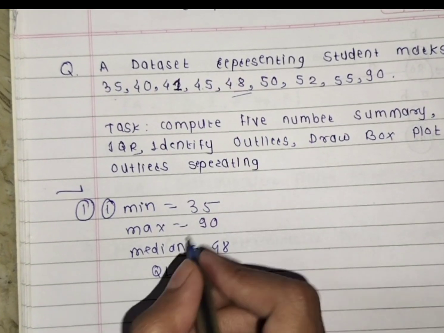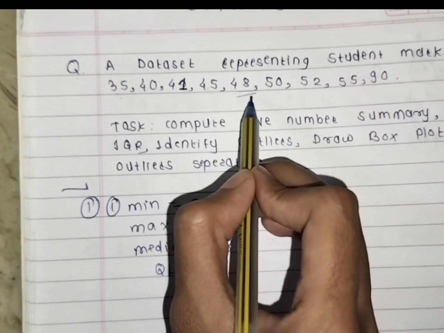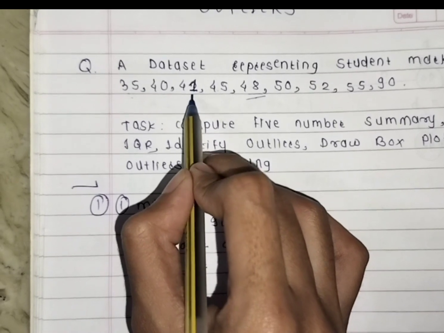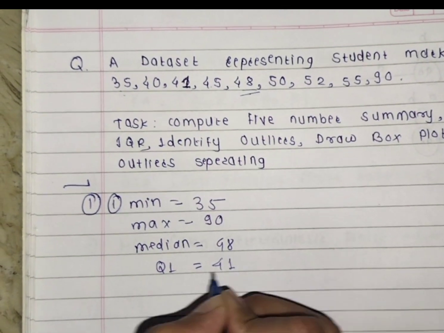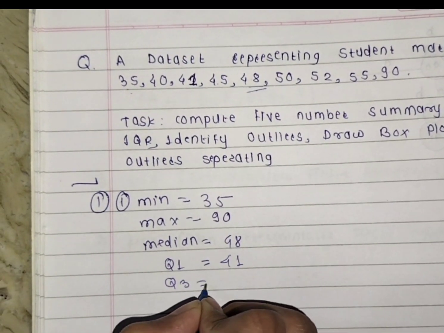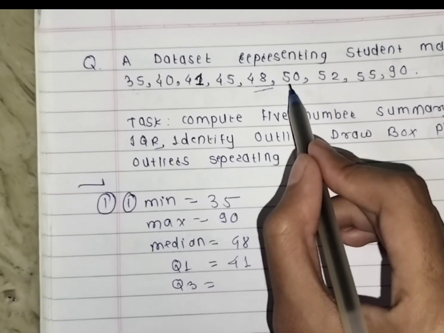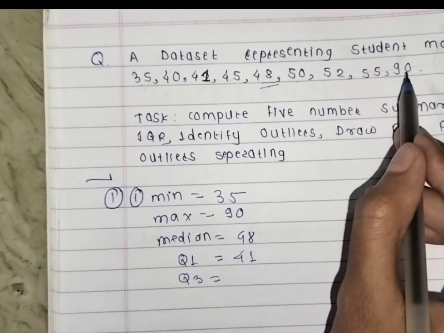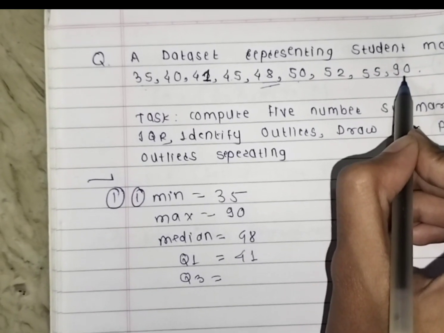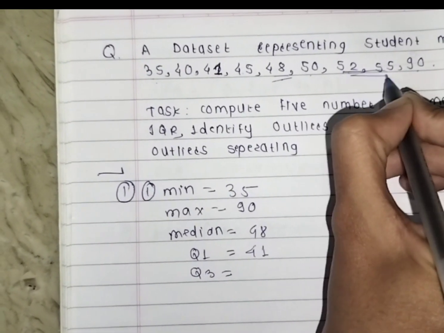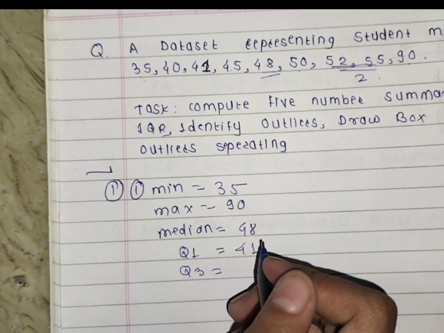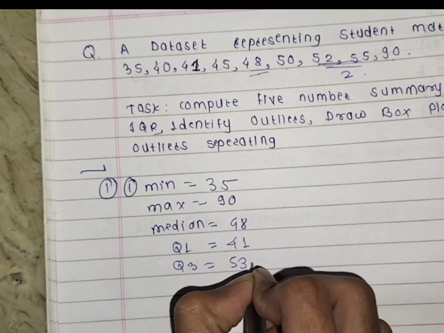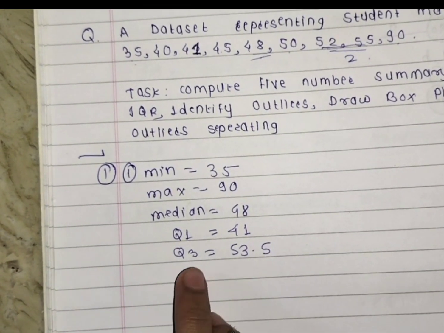We will find Q1 from 35 to the median, and from that we will find the middle. So we have the middle 41, so it will become our Q1. Now Q3 will be from 50 to 90. So we have 52 and 55 divided by 2, so we will get 53.5. So it will become our Q3.